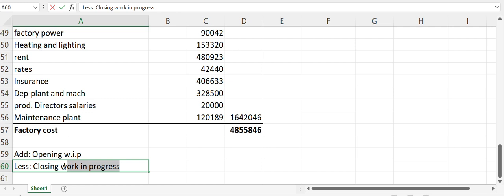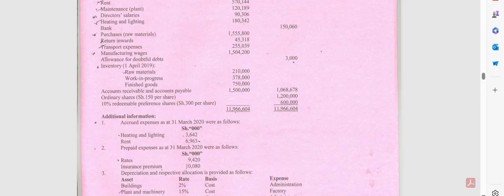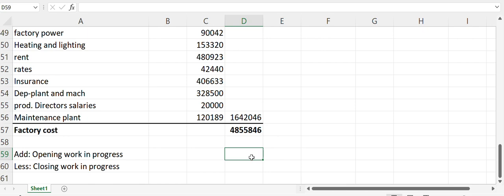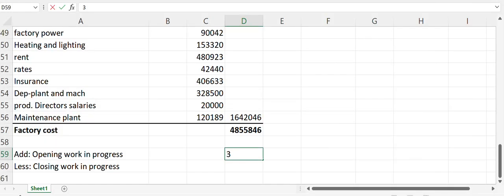For consistency, let me write the name work in progress in full. The opening work in progress is in our trial balance, which is 398,000. 398 or 378? 378,000.